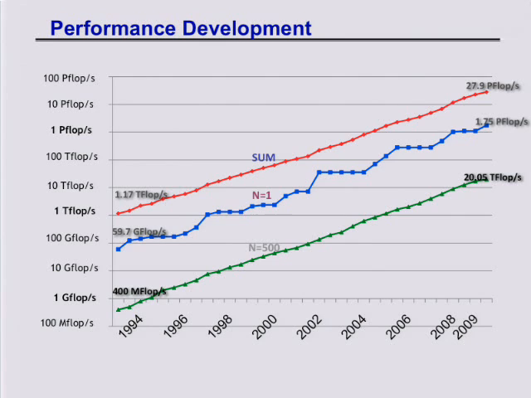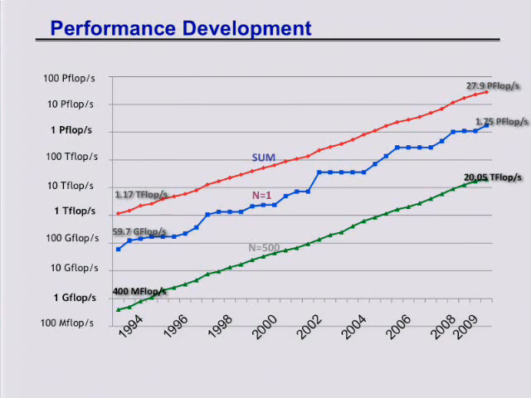A much smoother curve is the slowest machine on the top 500 list. There's not nearly as much competition for that slot. Machines just start at the top and move their way down the list until they either get decommissioned and fall off, or end up near the bottom.